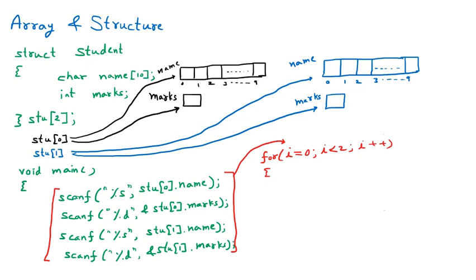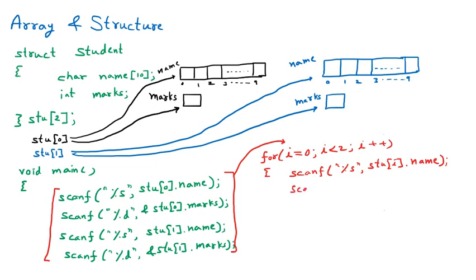We will change the stu0 with I, so we will write scanf %s, comma stu I. Now this I will become 0 and 1 depending upon the for loop, dot name.